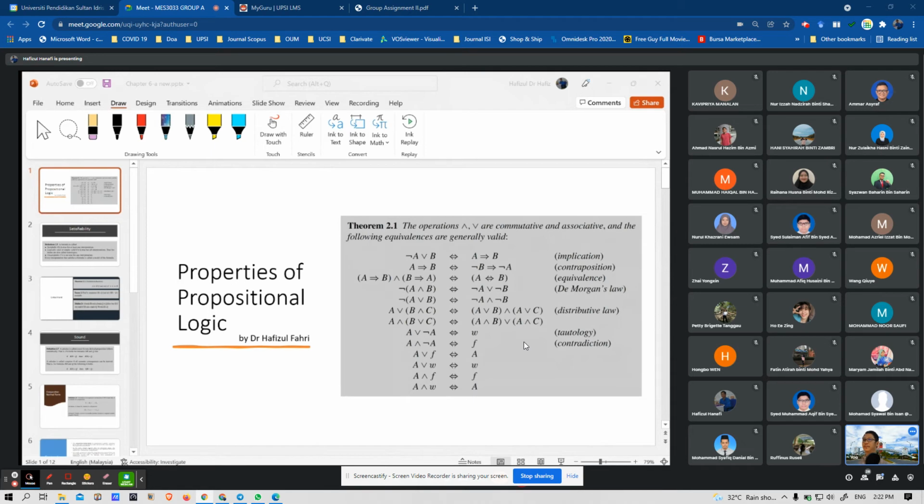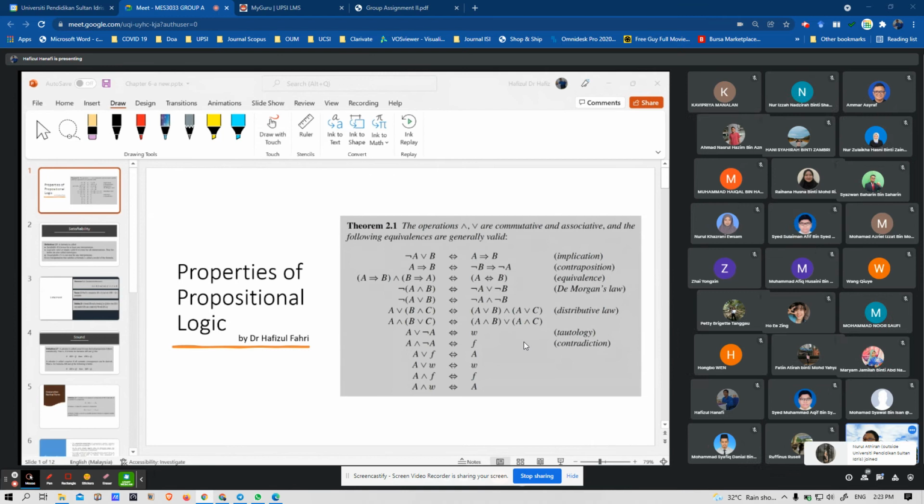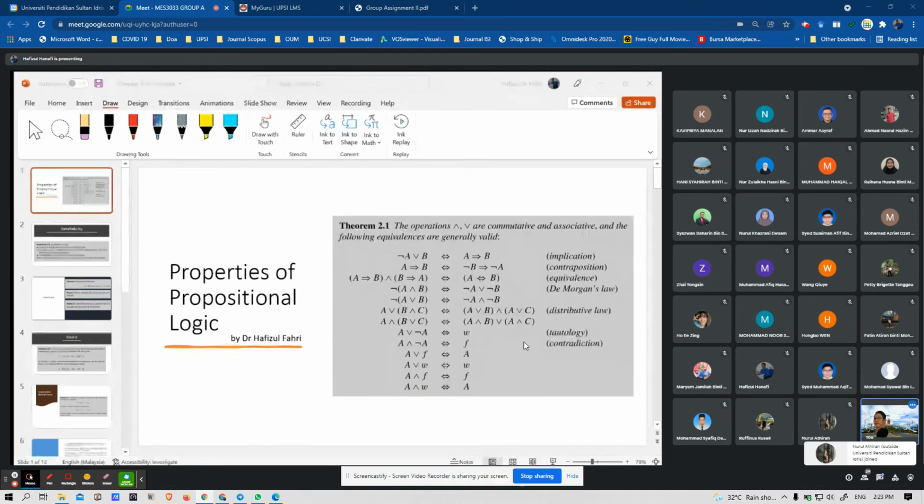For example, here we have implication: negate A or B is equal to A implies B. The conception of implication is based upon the meaning of the propositions, basically not merely upon their truth or falsity.